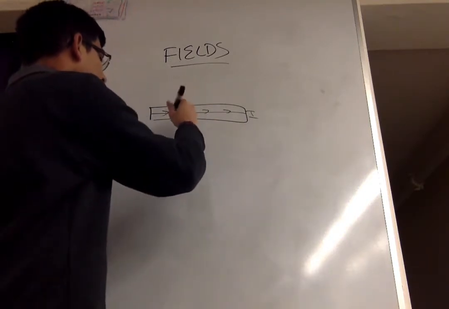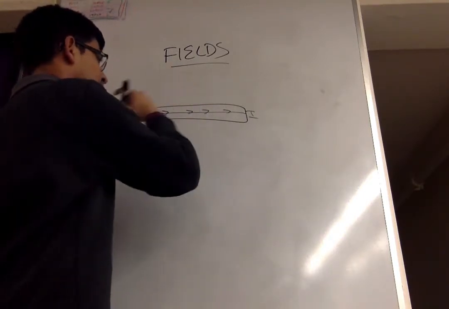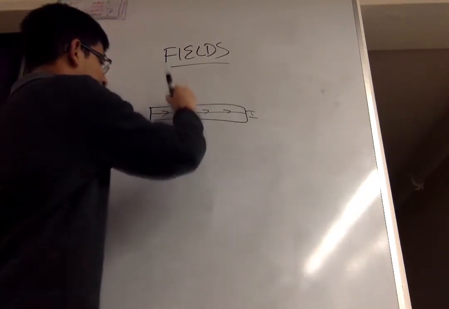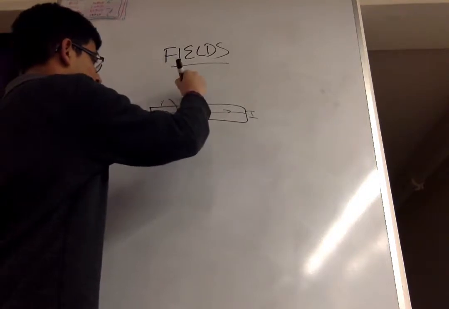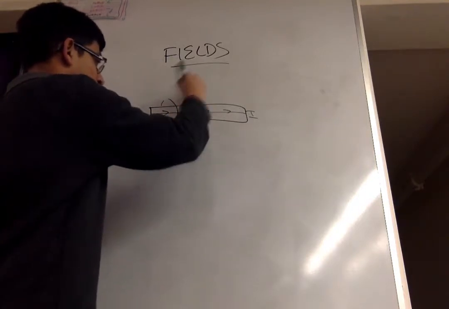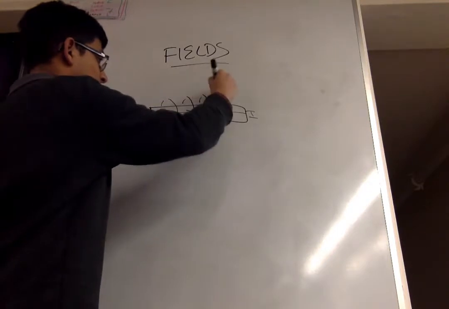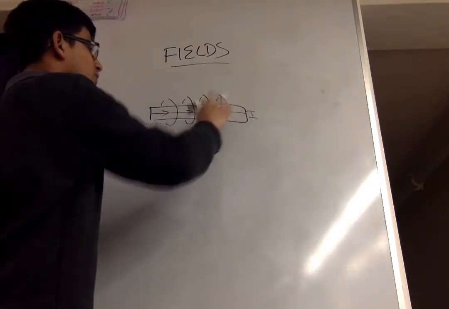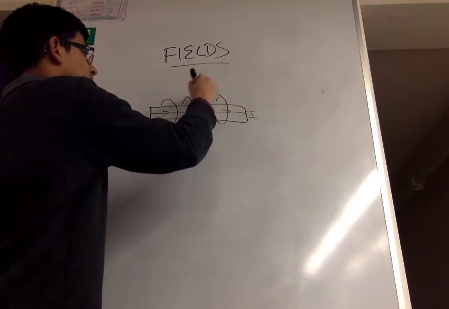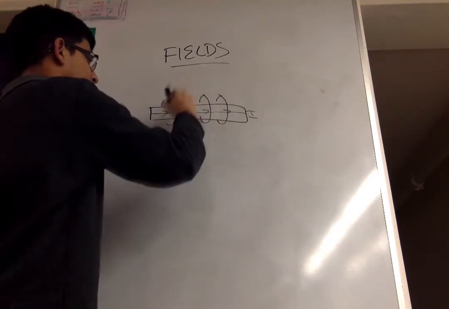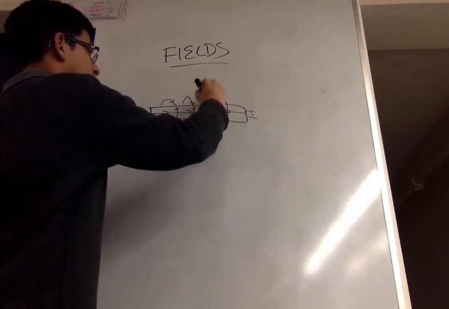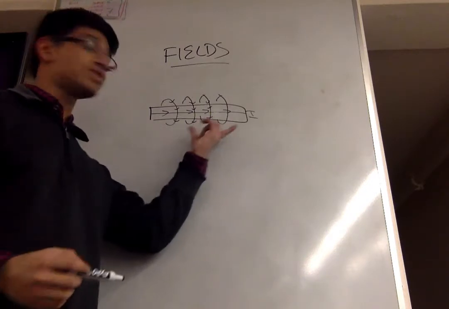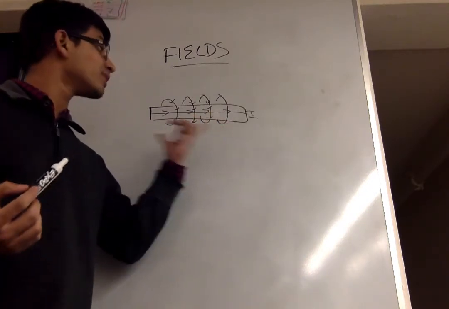So, let's see. How am I going to draw this? Oops, that is not supposed to happen. Okay, so these black rings that I drew show the direction of the magnetic field created by this moving current in the wire.